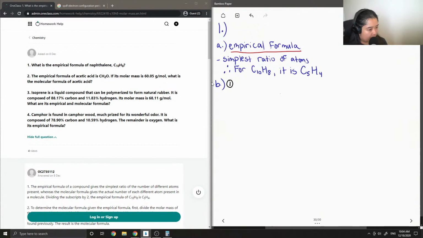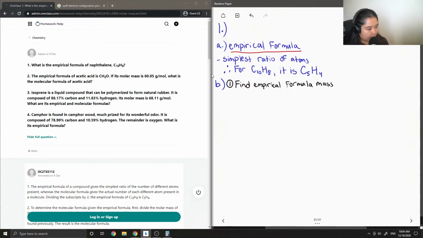Step 1 is to find the mass of your empirical formula. If we know the mass of our empirical formula, we can find its ratio with the molar mass that's given, and then we'll know how to multiply in order to get our molecular formula.